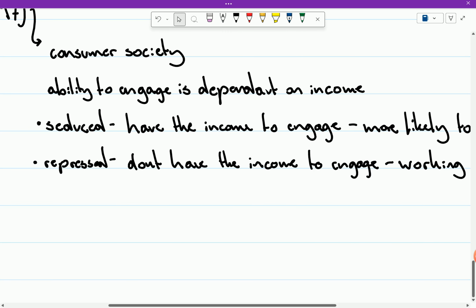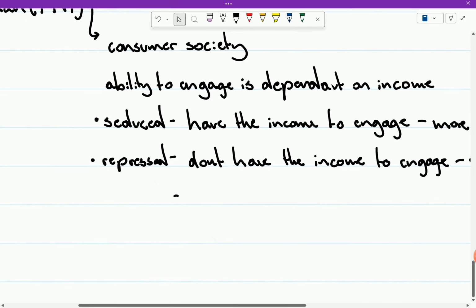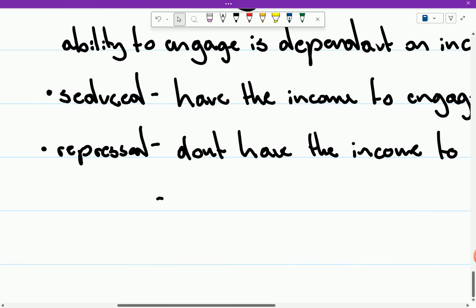However, you could go further and say that those that don't engage, or those that can't, it's going to marginalise them, or you're going to be shunned from the social groups.